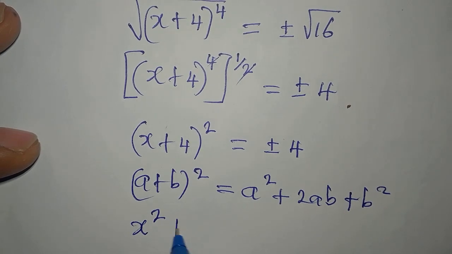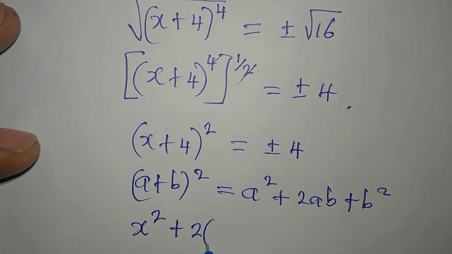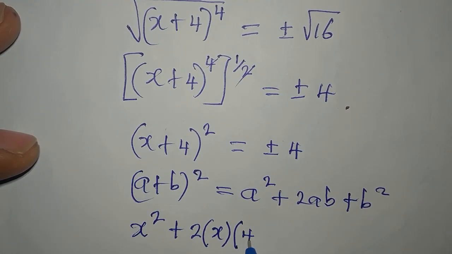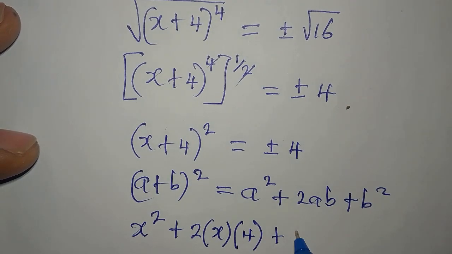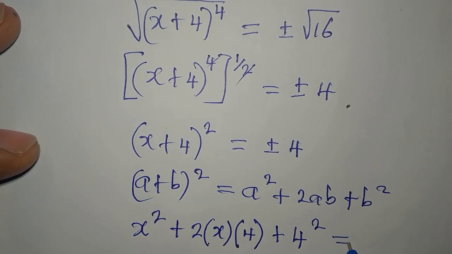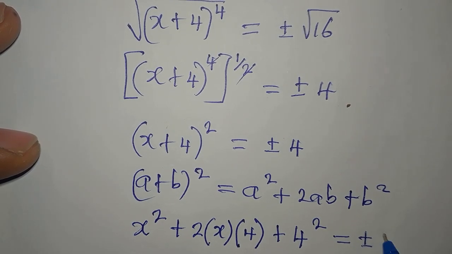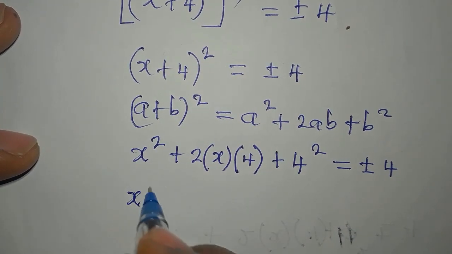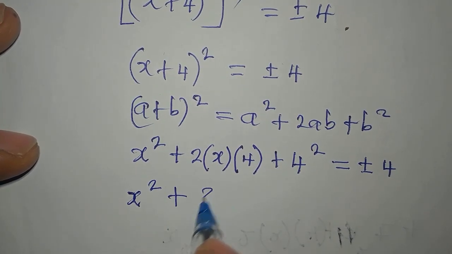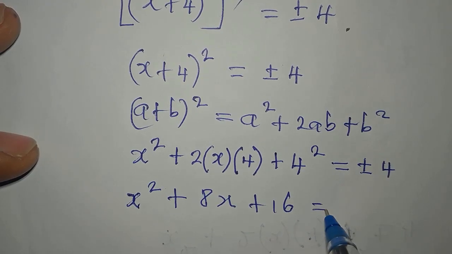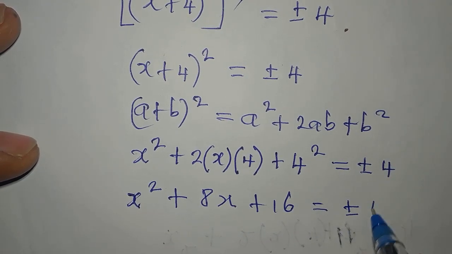Then 2 will appear, plus a is still x and our b is 4. Then plus b squared, which will now be 4 squared, and everything is equal to plus or minus 4. Now x squared plus 8x plus 16 will be equal to plus or minus 4.